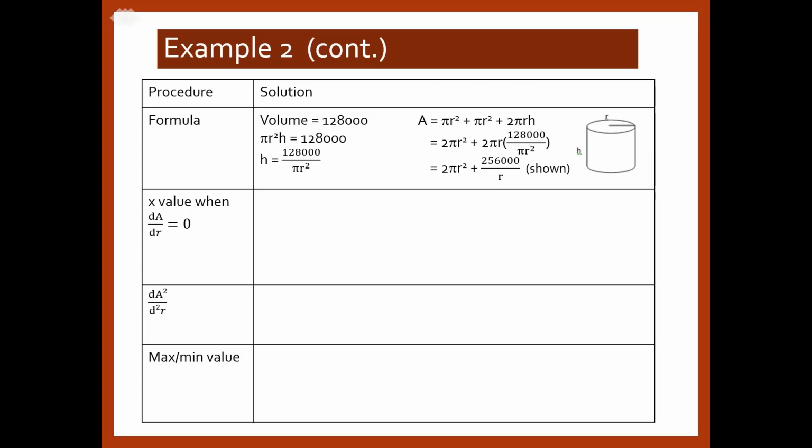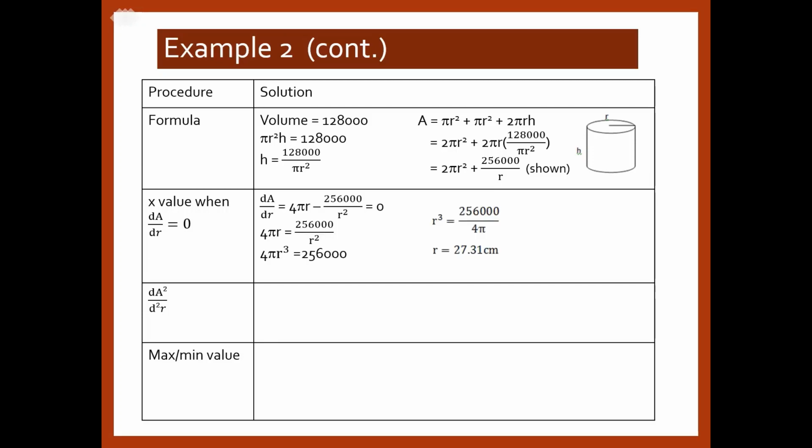The area of the closed cylinder is represented as A equal to pi r squared plus pi r squared plus 2 pi r h. Simplify this by substituting h with 128,000 over pi r squared. You will obtain A equal to 2 pi r squared plus 256,000 over r.